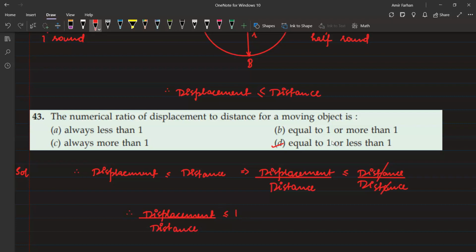So it is equal to 1 or less than 1. Obviously, it is less, so option D is correct.